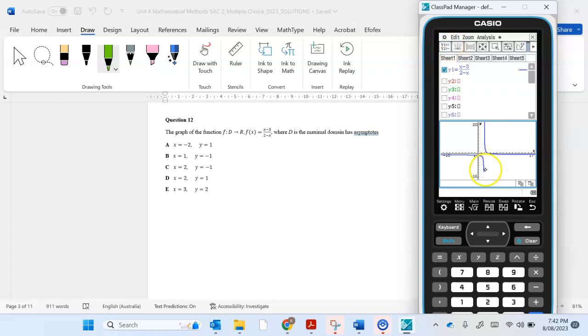First of all, this looks like it ends down here, but it keeps going, it's just not showing. So we've got 2 asymptotes. Now, I know already that my denominator cannot equal 0, so it's undefined. So x cannot equal 2. So we've got an asymptote at x equals 2.